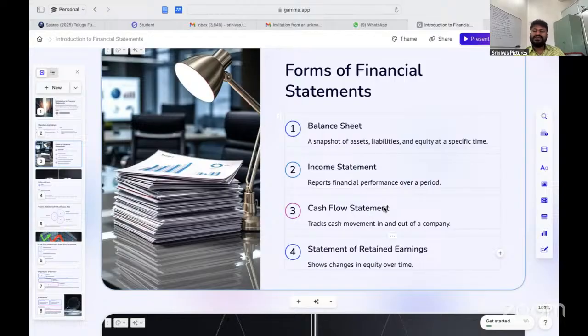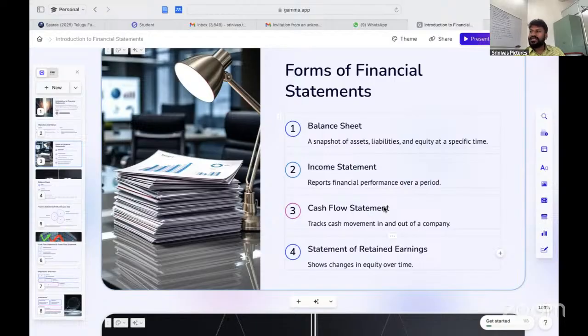The next financial statement is ratio analysis. Generally, what is ratio analysis? Ratio means the relationship between two variables expressed mathematically. So numerically, whatever relation of two variables we express, that is called ratio analysis.